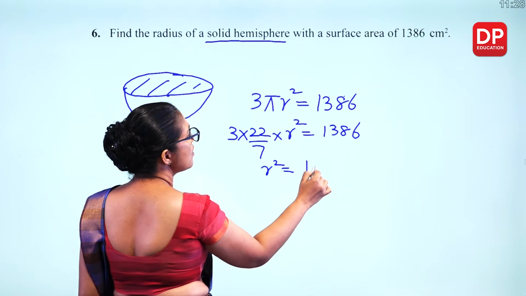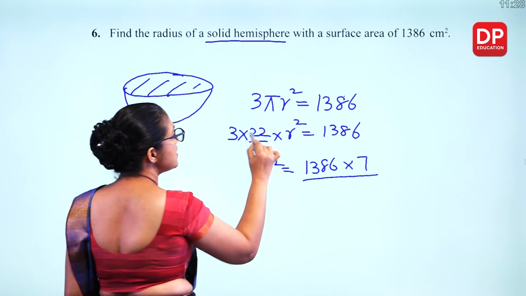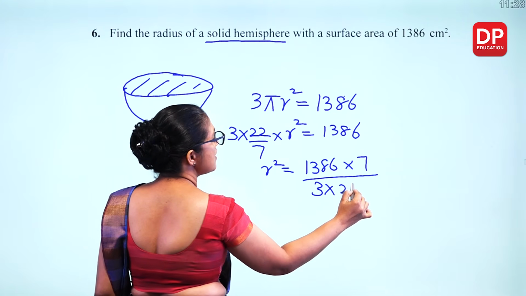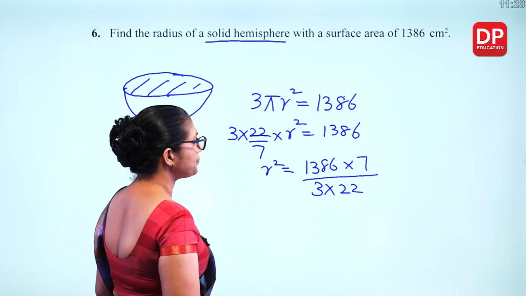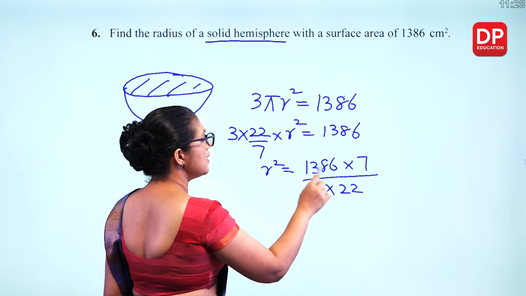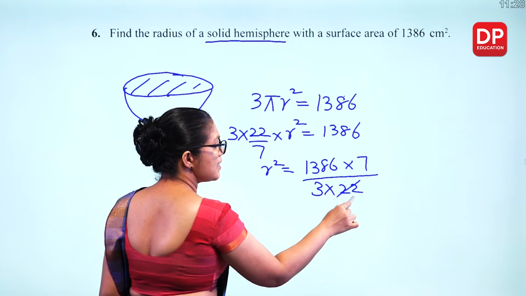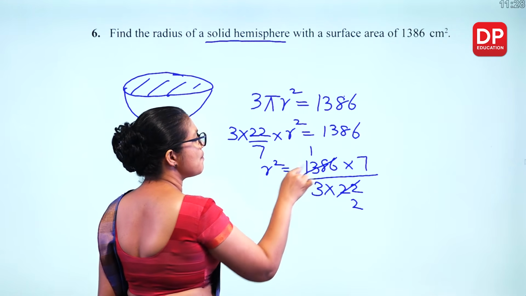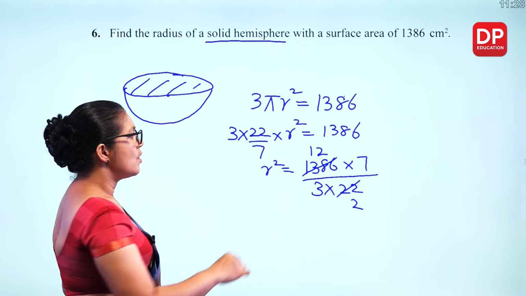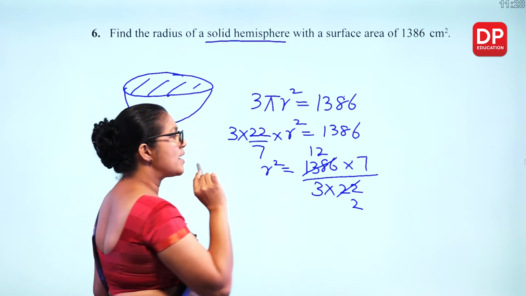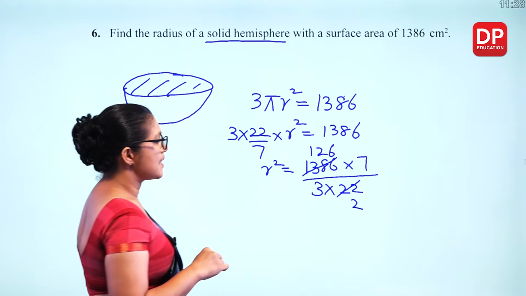You can find it by multiplying by 7 and dividing by 3 and 22. Now can we divide by 3? We'll see whether we can divide this by 11. 11 times 2 is 22, 6 remaining for 66, 11 times 6.